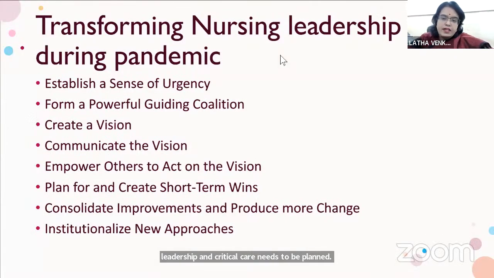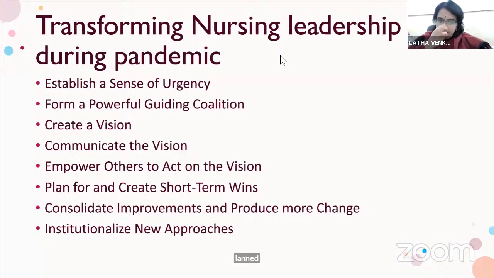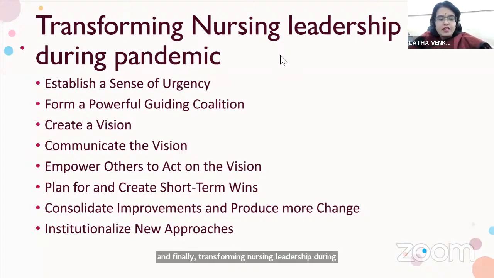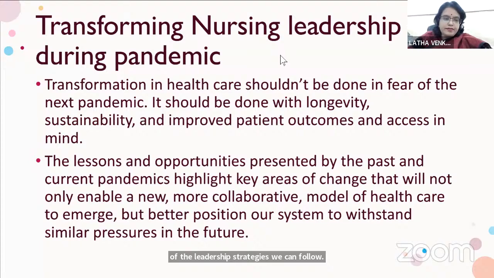And finally, transforming nursing leadership during a pandemic, we have to establish a sense of urgency, form a powerful guiding coalition, create a vision, communicate the vision, empower others to act on the vision, plan for and create short-term wins, and consolidate the improvements and produce more change and institutionalize new approaches. So these are some of the leadership strategies we can follow during a pandemic.